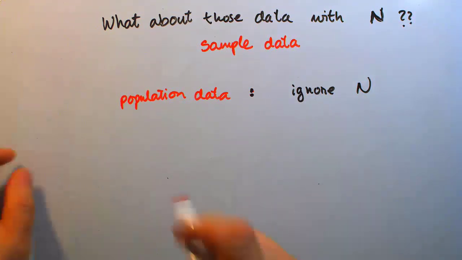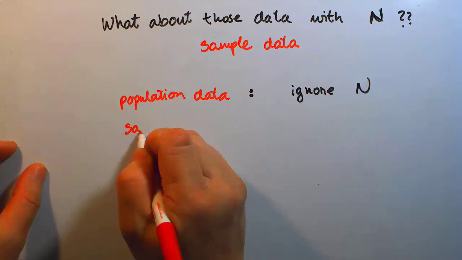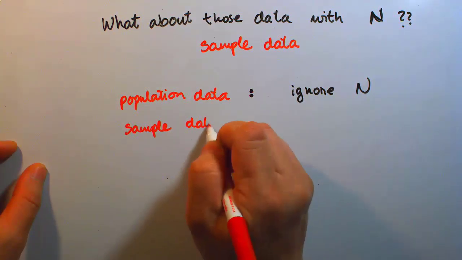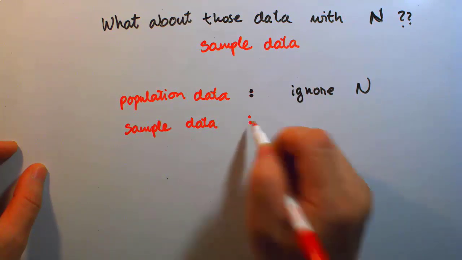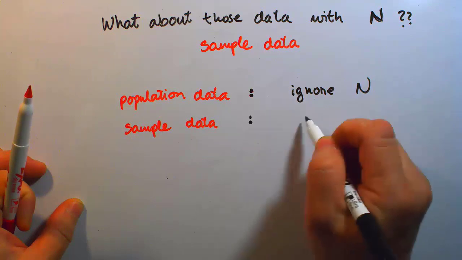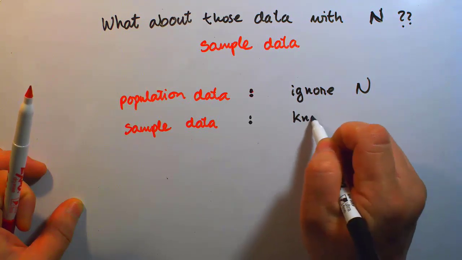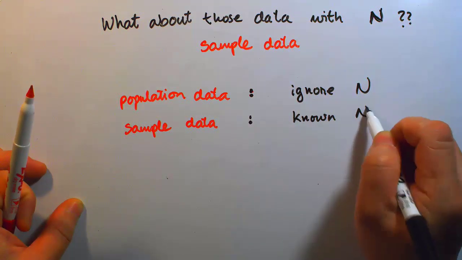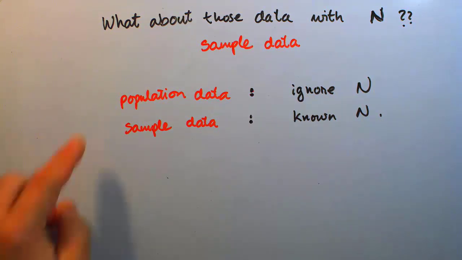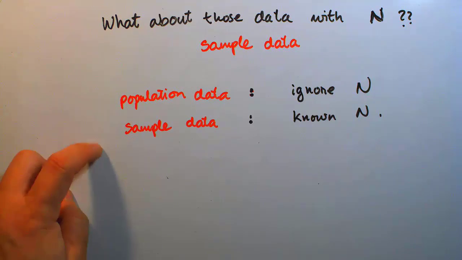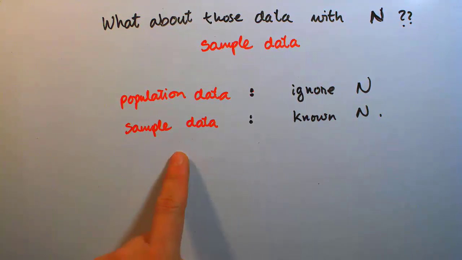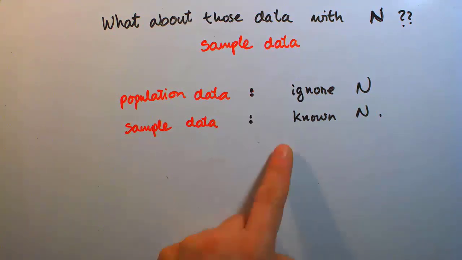If we look back at any data we have been working with prior to this point, those data are regarded as sample data, where they have a known n count. For now, we're just beginning to work with population data and making that clear differentiation between sample data and population data. One major difference is that sample data has a known n count.